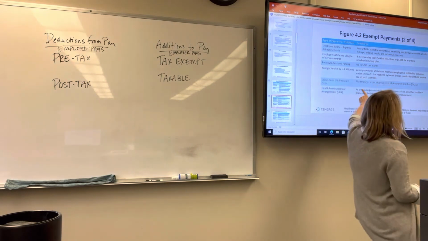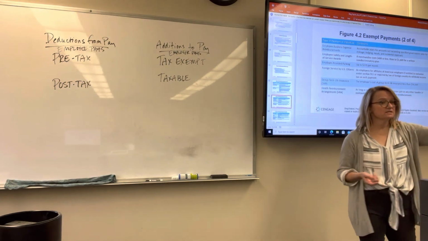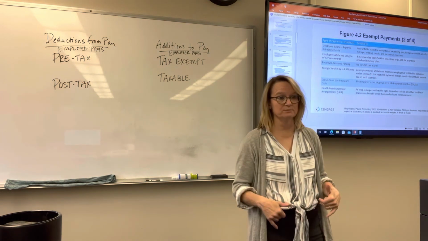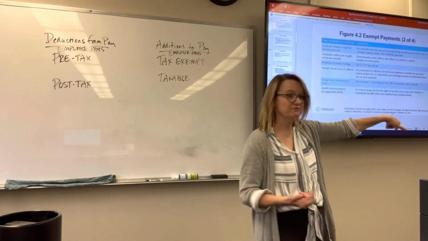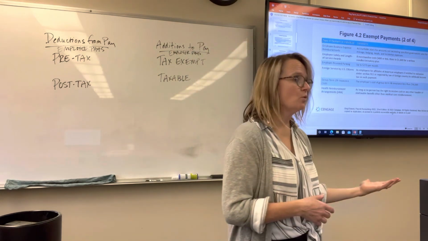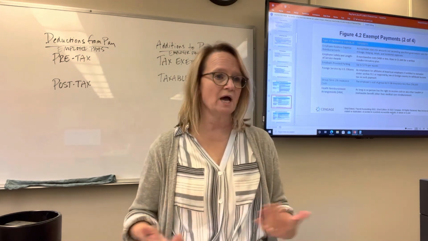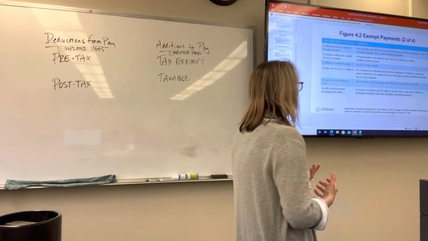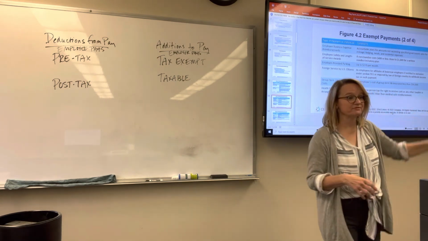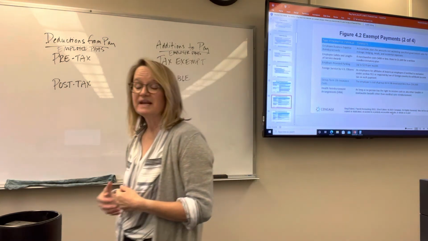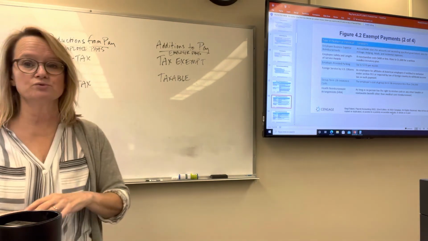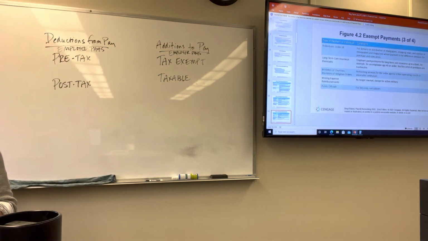Once the life insurance benefit exceeds $50,000, a portion of that premium would be considered taxable income. Often those benefits are based on some multiple of the employee's regular wages, so one times their annual wages, two times, three times. It can be fairly easy to get above that $50,000 mark. Again, it's the cost of the premium that is added to an employee's taxable wages.